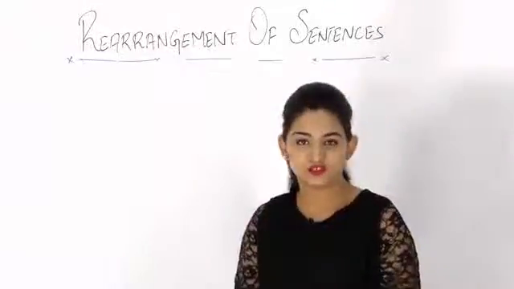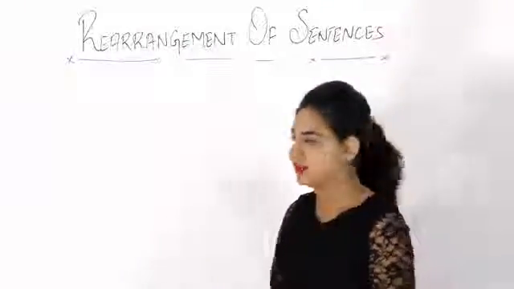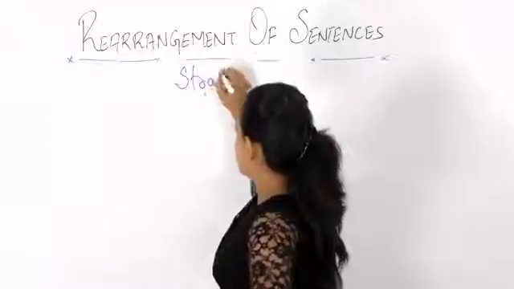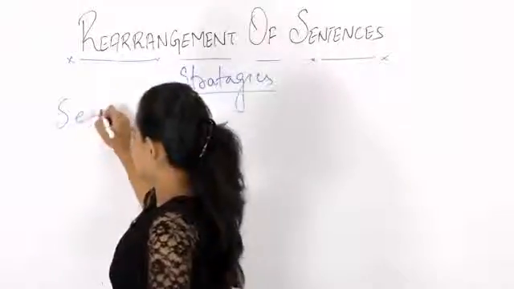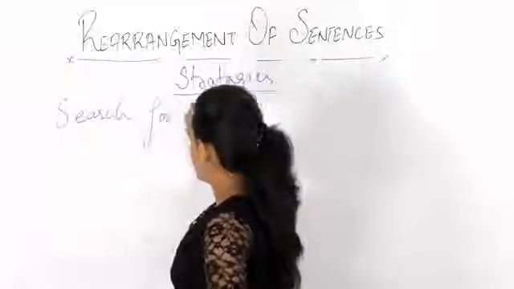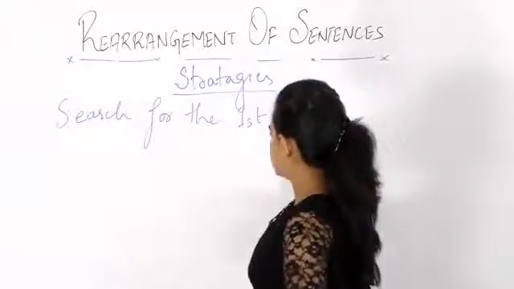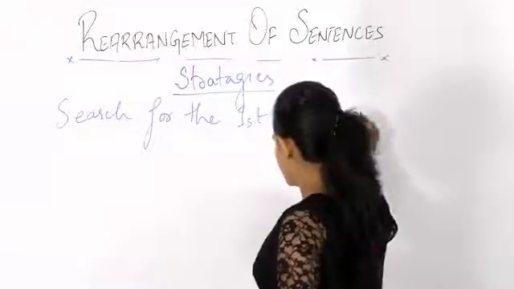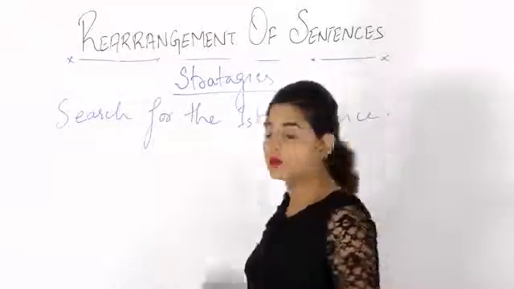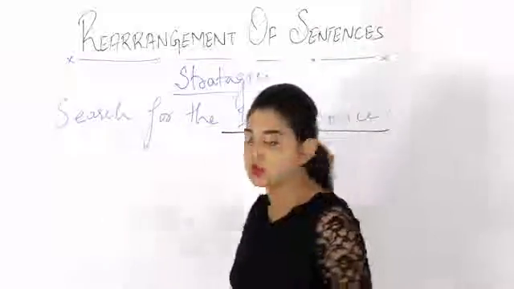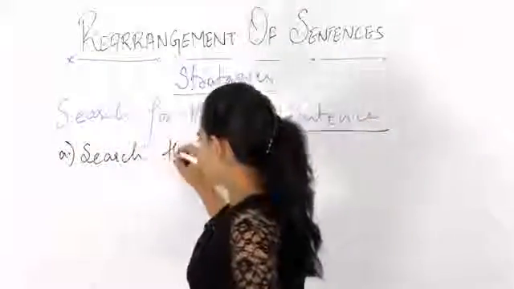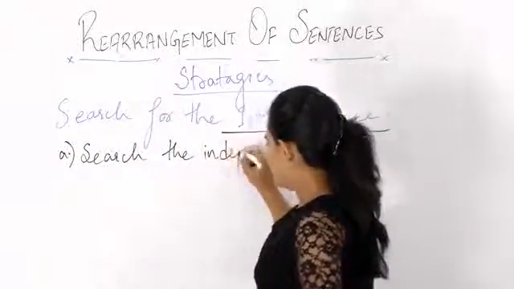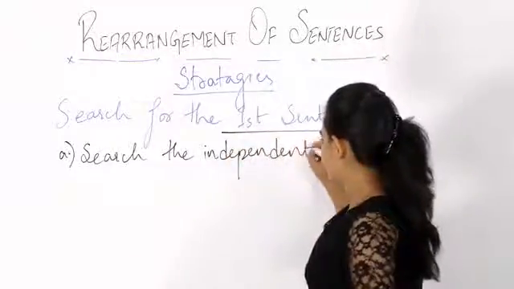Now let's come to the strategies for how to solve rearrangement of sentences. The strategies are of 2 types. One says search for the first sentence. Now how will we get to know which is the first sentence in the rearrangement? The first thing that you will do is search for the independent sentence.